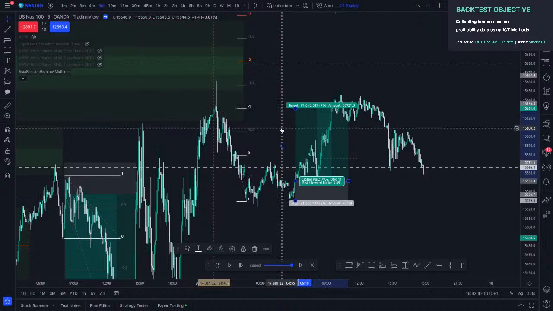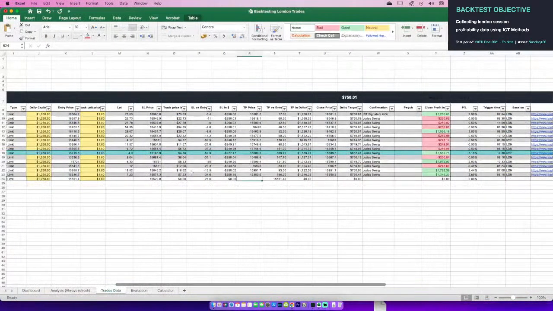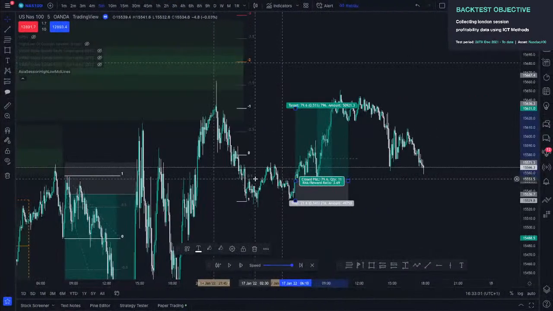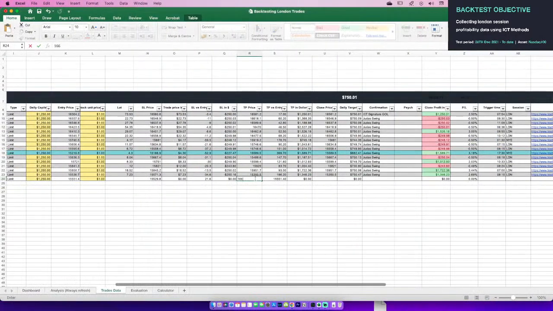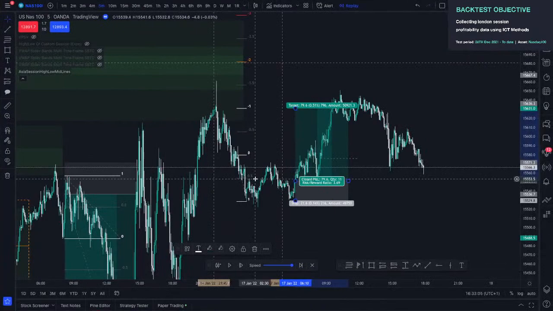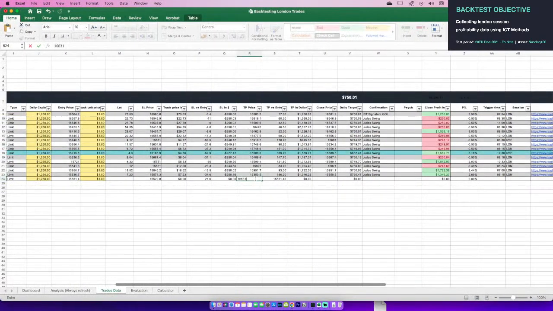15636.3. No, point 0. 16636.0. Is it 3631.0?